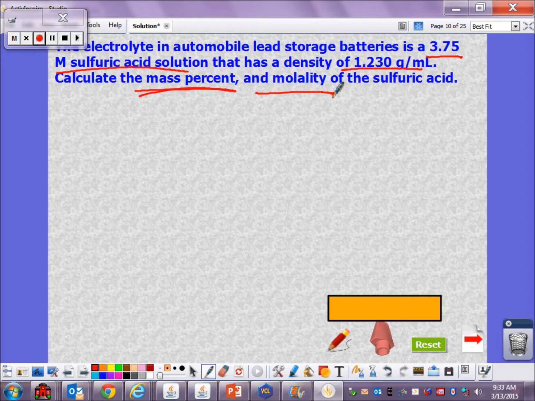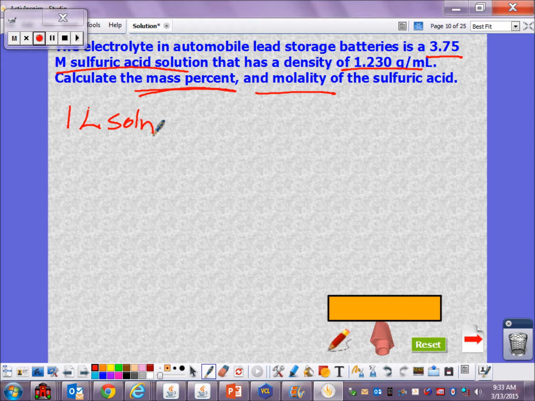They give you the density, they give you the molarity, and they ask you for mass percent and molality of sulfuric acid. My advice is always assume you have 1 liter of solution to make things easier. So if I have 1 liter of solution, this is my density, I multiply my milliliters by 1000.